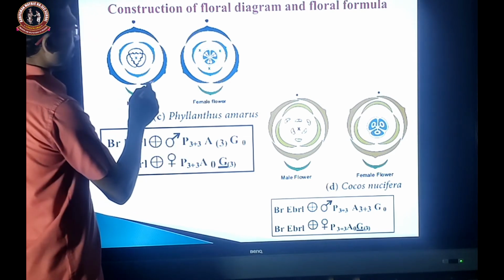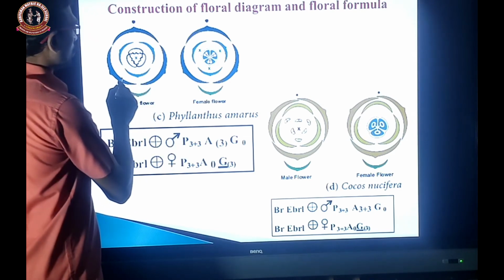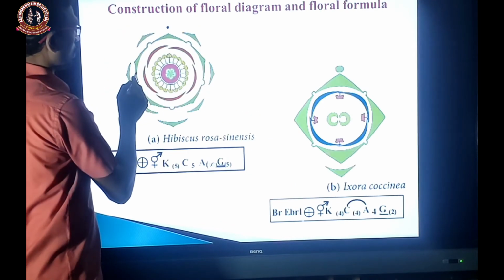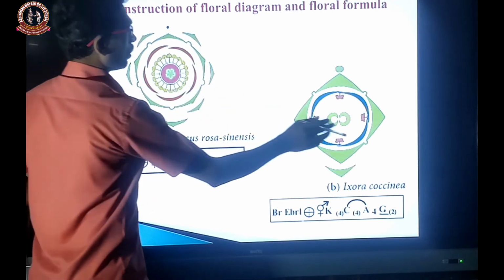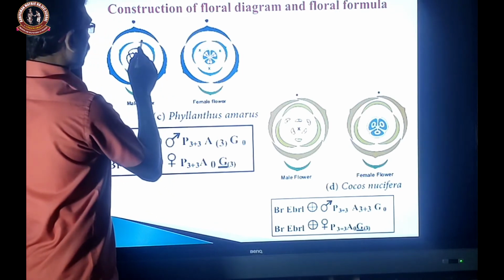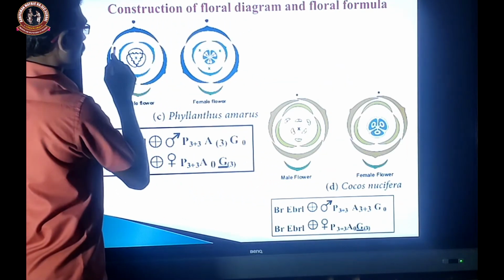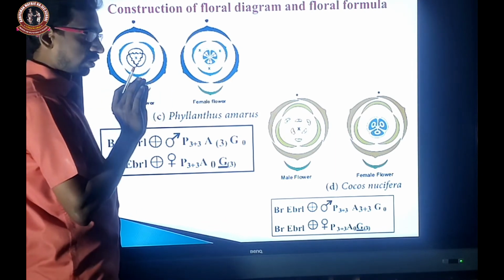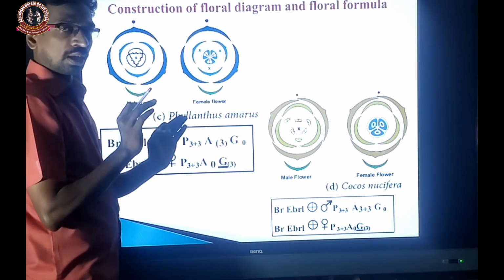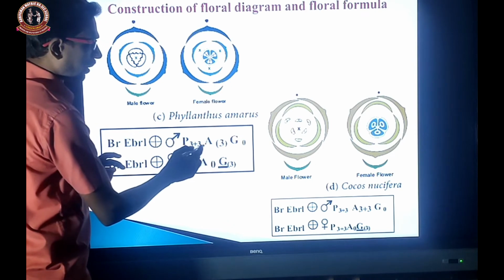Perianth 3 plus 3, perianth totally 6. Actually 6 tepals, they are arranged in 2 whorls, that is 3 plus 3.